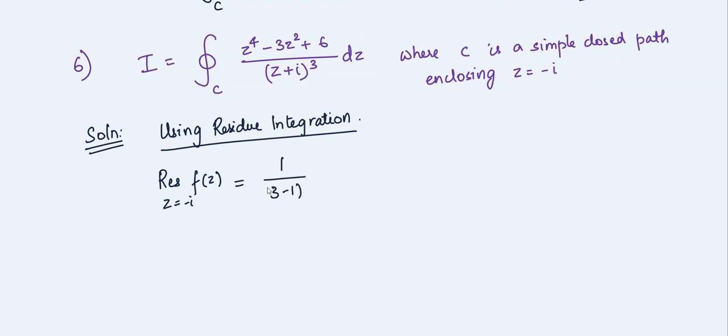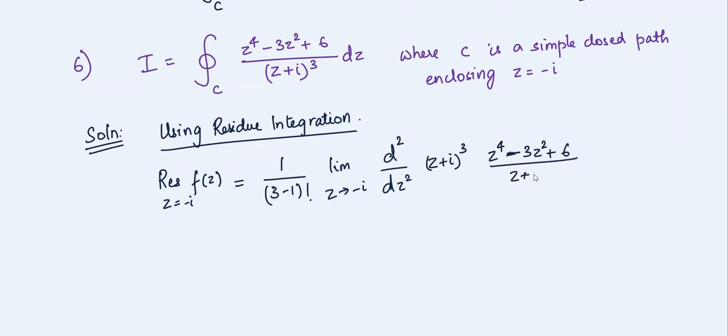so 1 by (3 minus 1) factorial, limit z tending to minus i of the second derivative (3 minus 1) of (z plus i) the whole cube times (z power 4 minus 3z square plus 6) upon (z plus i) the whole cube.